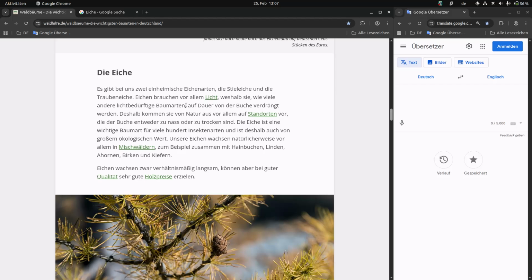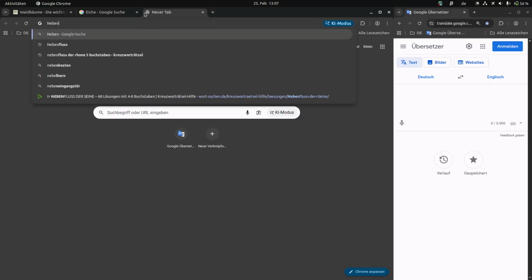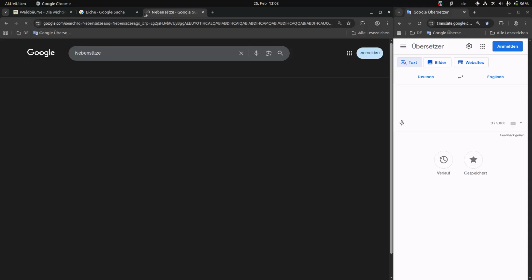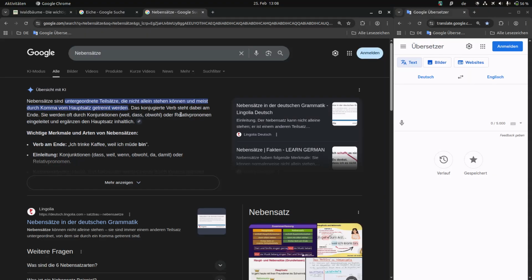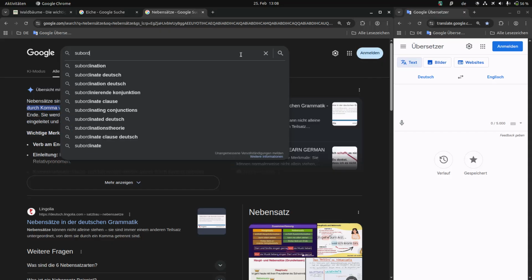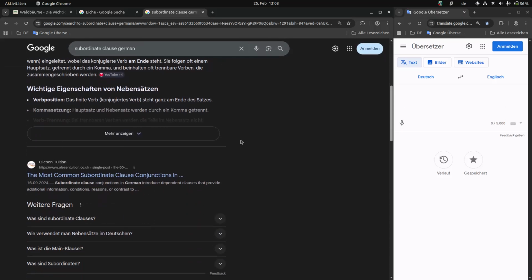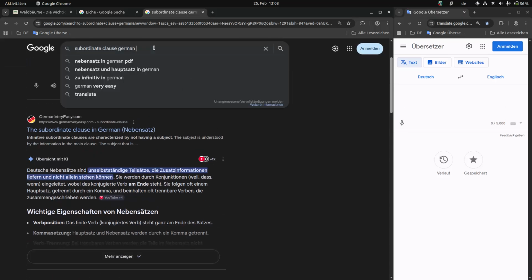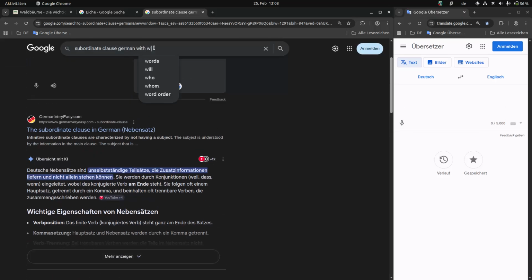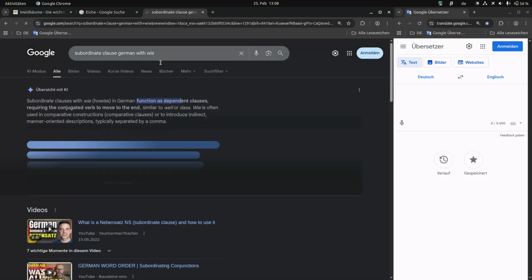If you want to learn more about it, how do you call this kind of structure? You could Google "Nebensätze", or if you want to search in English, "subordinate clause German", something like that.